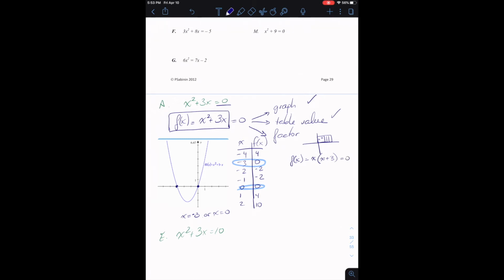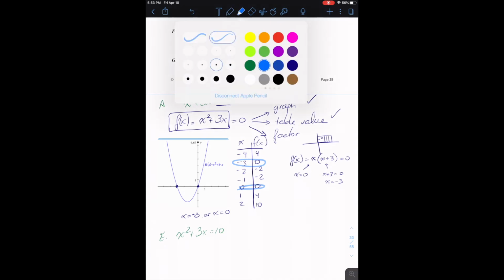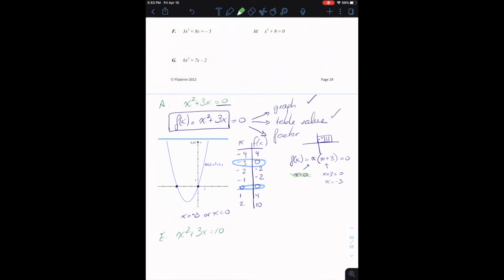You notice that 0 times anything is 0, so when x equals 0, or when x plus 3 equals 0, so x equals minus 3, then the whole value of the function is going to be 0. So we found these values using 3 different methods.